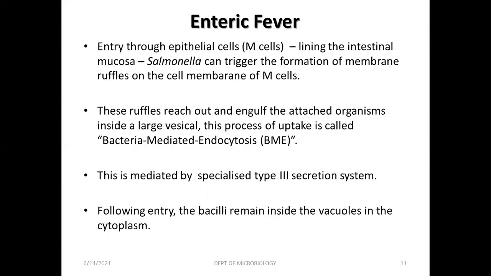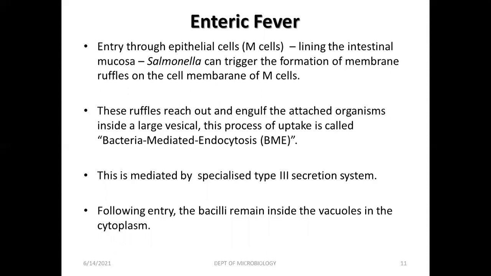These ruffles come out and reach the organisms attached to the intestinal cell lining, and they form a large vesicle, taking inside all the bacteria attached on this lining. This is called bacteria-mediated endocytosis, or BME, and it is mediated by a specialized type 3 secretion system.